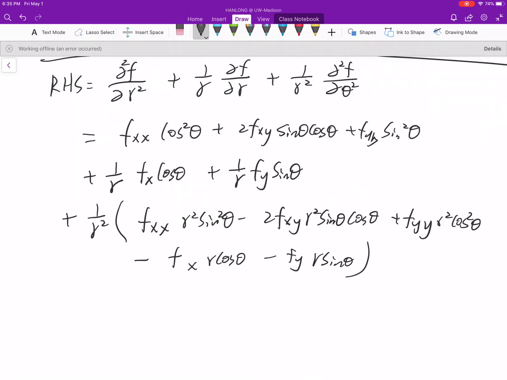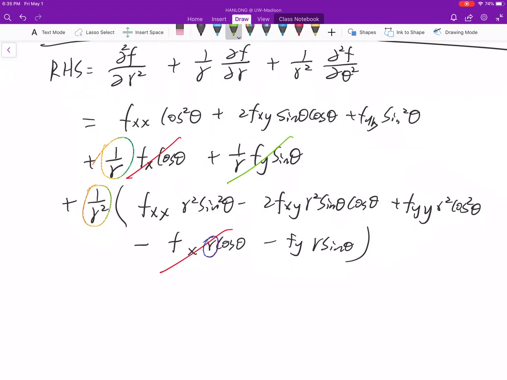Okay, now let's combine terms. So first look at the first order term. So this cancels out with this, because here you have 1 over r square and divided by r, so you have 1 over r totally, and then similarly this cancels out with this, and then for the cross terms this cancels out with this.